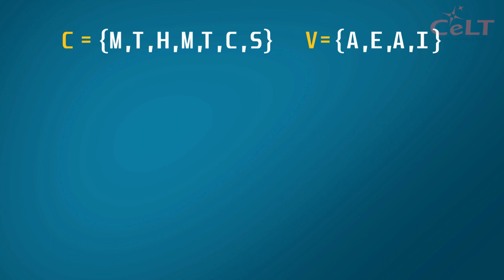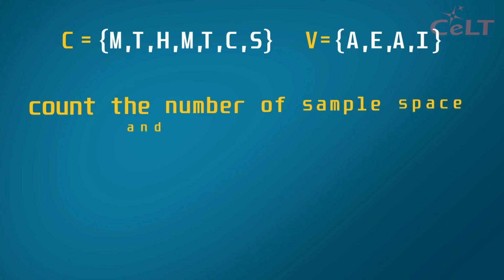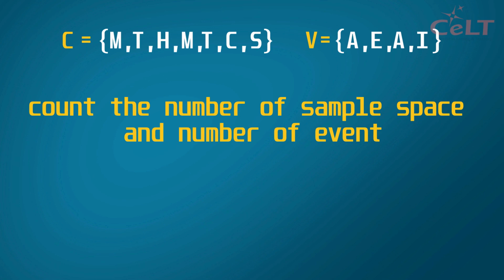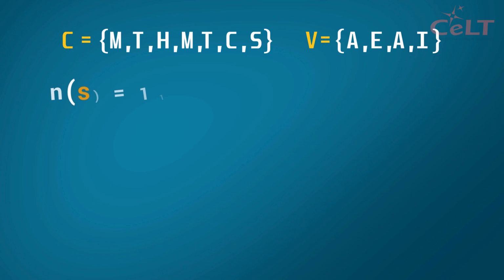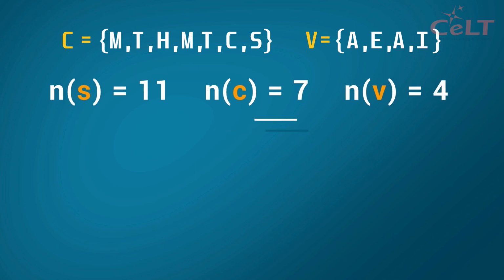Now, to calculate probability, count the number of elements in the sample space and the number of elements in the event. The number of elements in the sample space, n(S), equals 11. The number of elements for consonant is 7, and for vowel is 4.